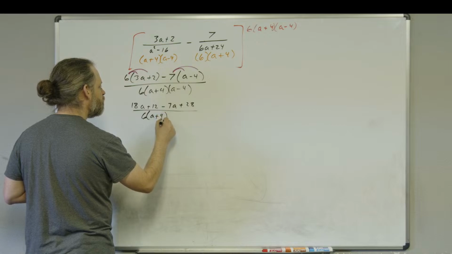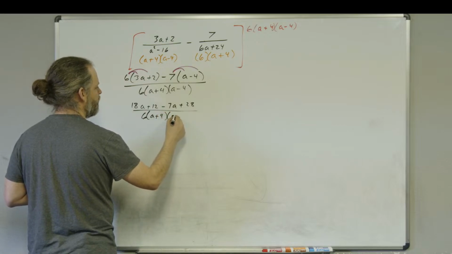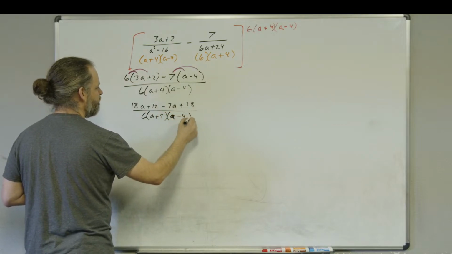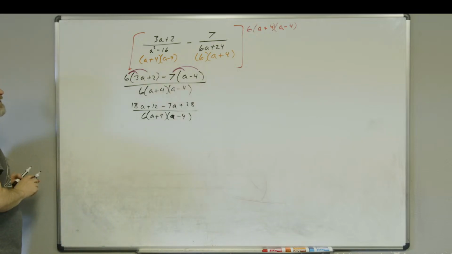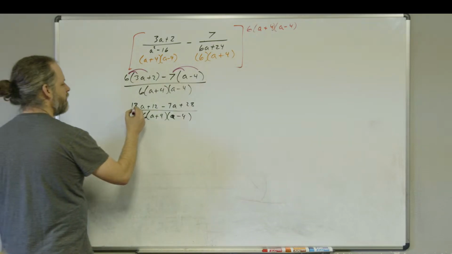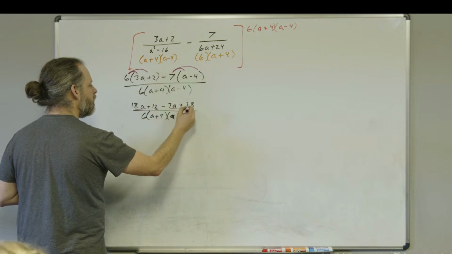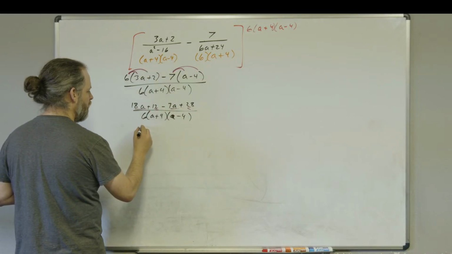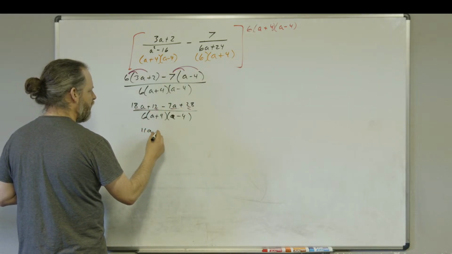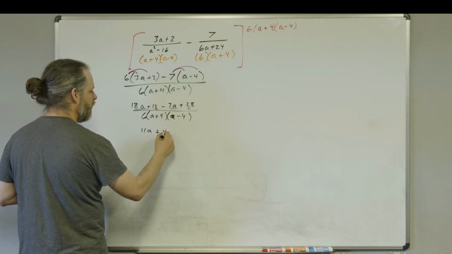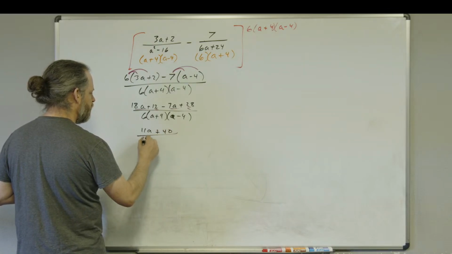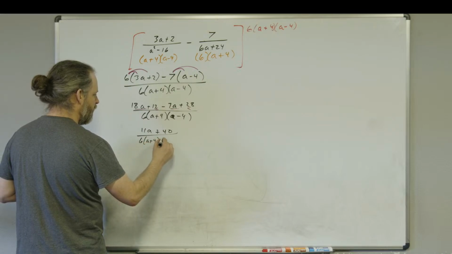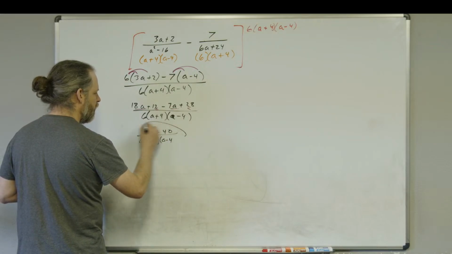And we don't distribute them. Yeah, I wouldn't, because why would you waste your time on that? Now what? Combine like terms. 11a plus 40 over 6 times a plus 4 times a minus 4.